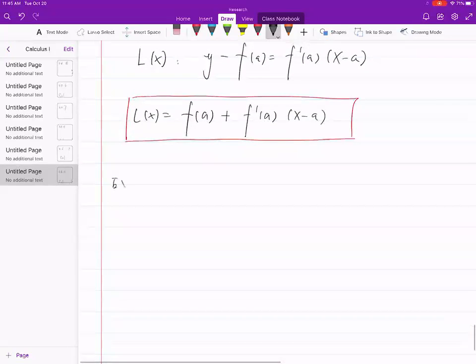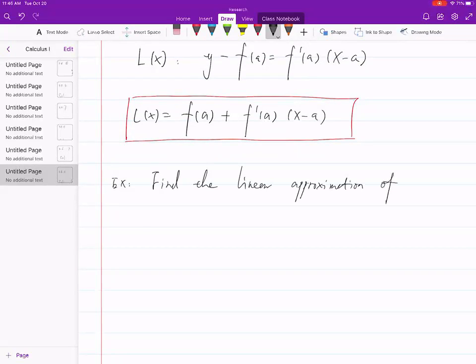Find the linear approximation of y equals square root of cube x at 1, and use it to approximate the cube root of 0.98.